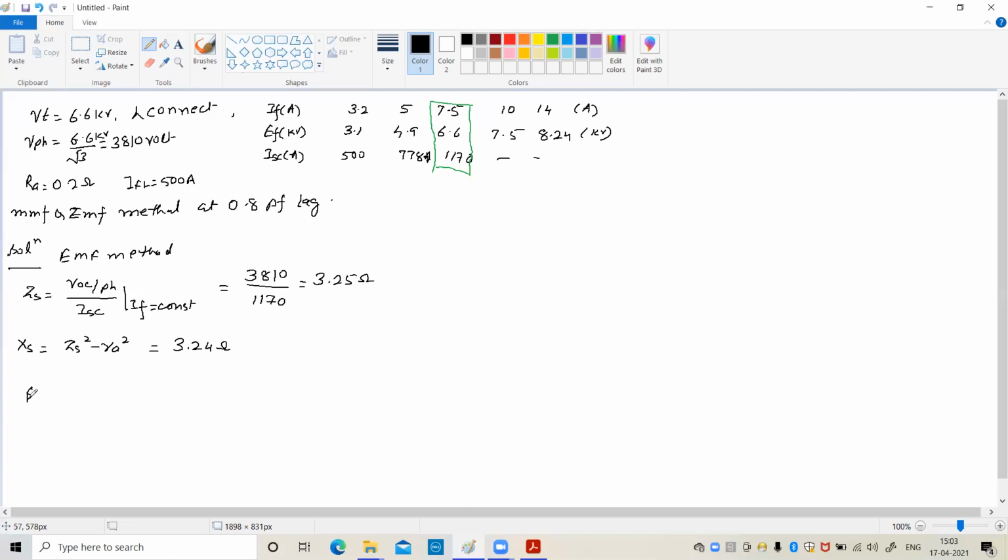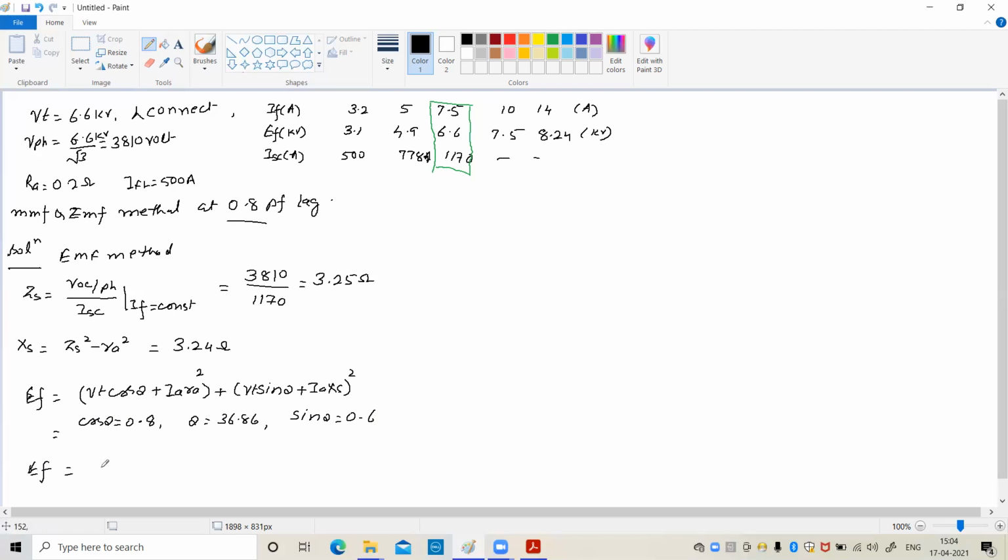So we can calculate the excitation EMF. EF is equal to the square root of (VT cos theta plus IA RA) whole square plus (VT sin theta plus IA XS) whole square. Here we want to calculate the voltage regulation at 0.8 power factor. So cos theta is equal to 0.8, theta is equal to cos inverse of 0.8, which is 36.86 degrees, and sin theta is equal to 0.6.